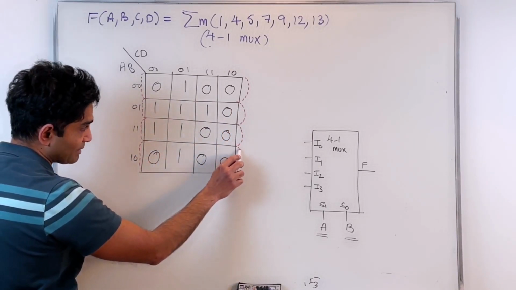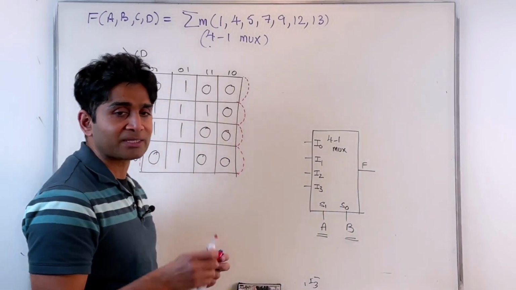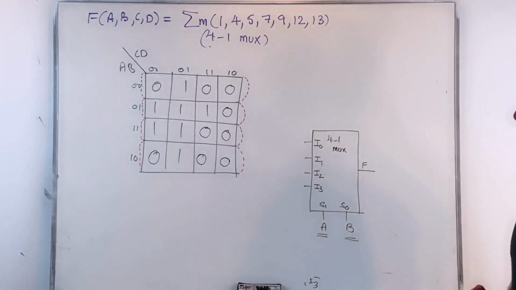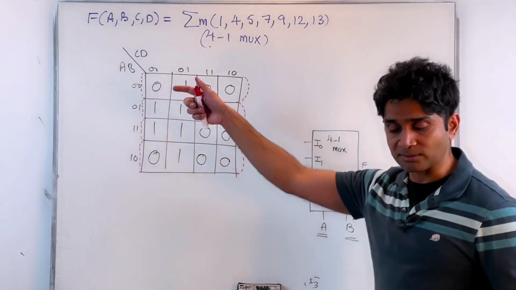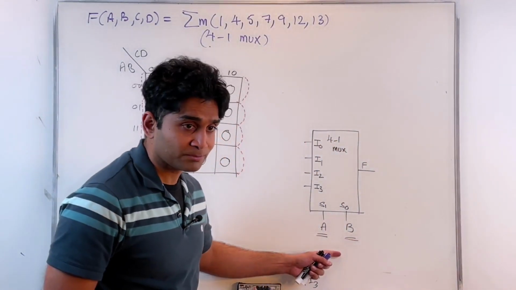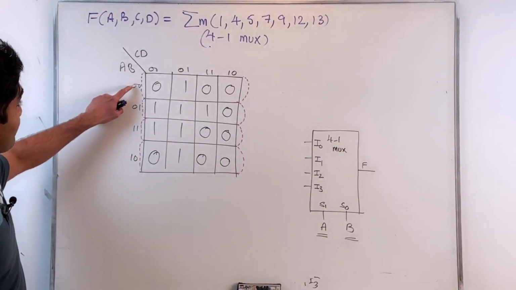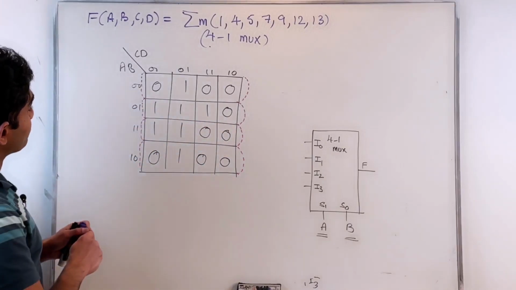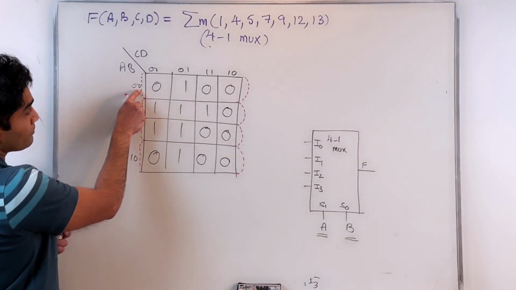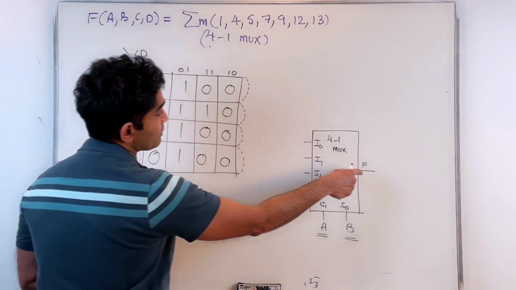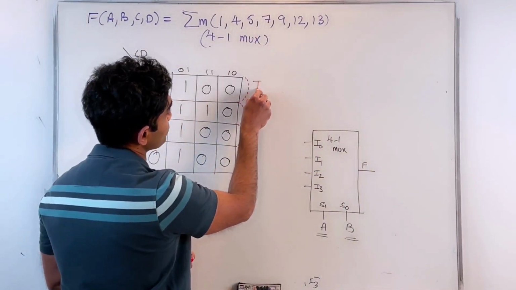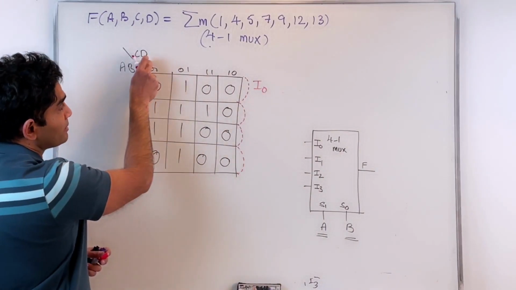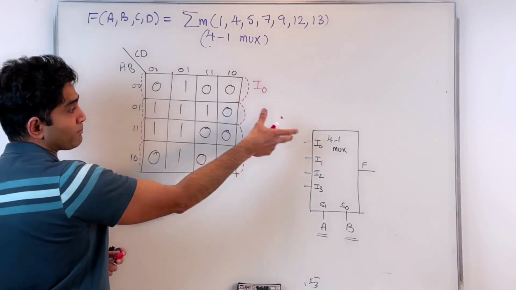I will use the exact same rules that we have derived for the K-maps, but on the individual rows only. Why am I doing this row-wise? Because I'm using A and B as my selector inputs, and A and B values do not change along these rows. When I apply A and B of 0, 0, what is being routed to the output of the multiplexer is I0. So whatever function I get in terms of C and D from this K-map should be applied to I0.